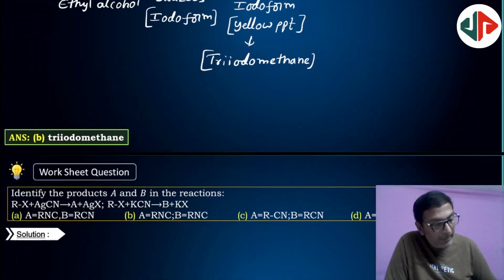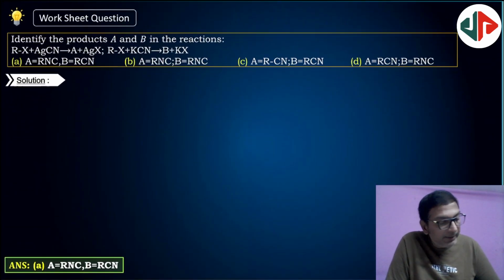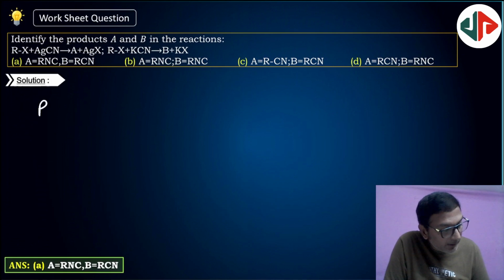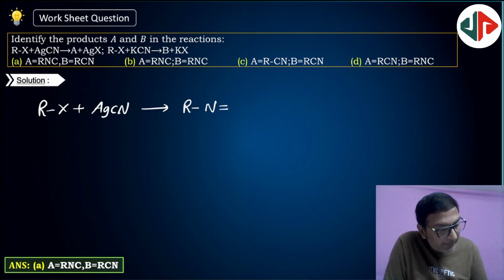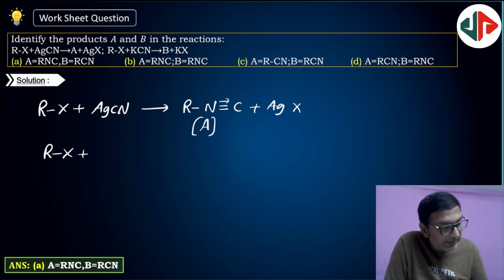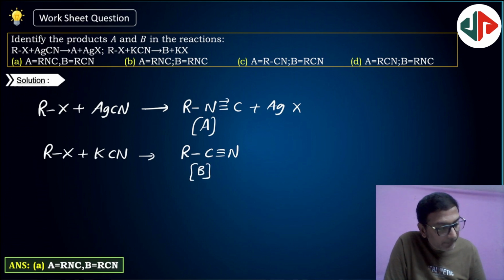Next. Identify the products A and B. So RX plus AgCN, first it gives isocyanide A plus AgX. Similarly, RX plus KCN gives R-C≡N cyanide, which is B, plus KX.